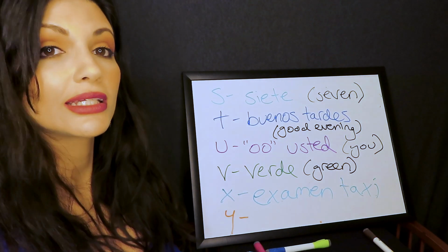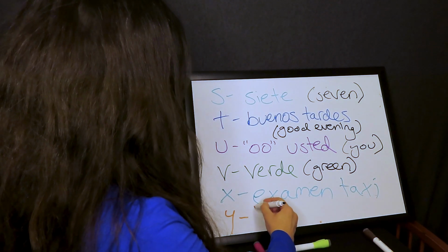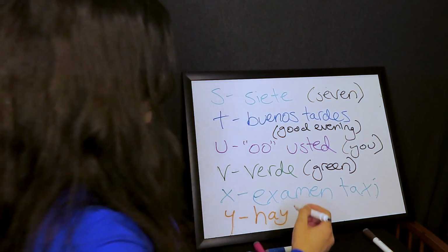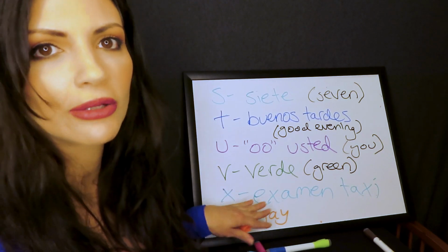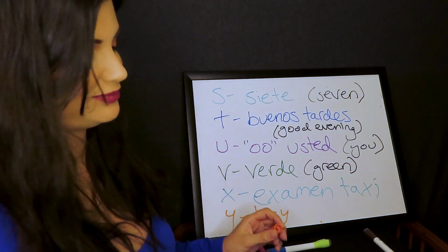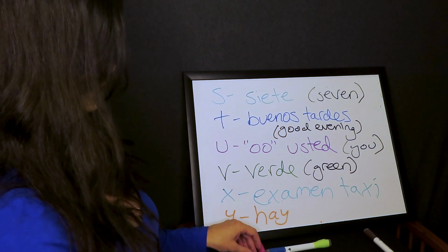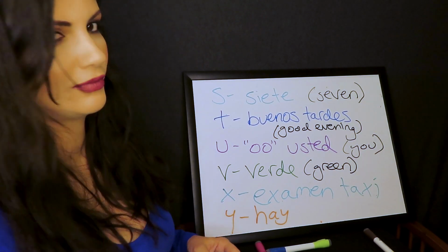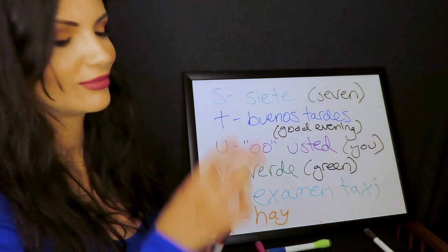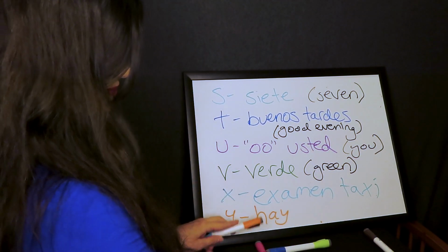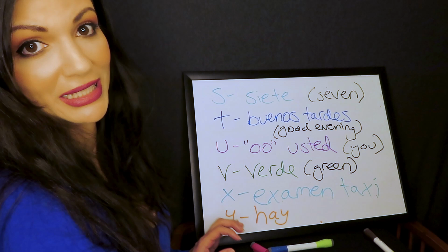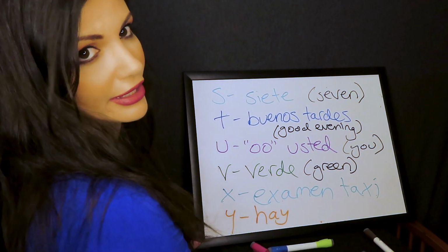Y is pronounced like an I in English. For example, this word is pronounced I. Not hey. And it means there are, or there is.